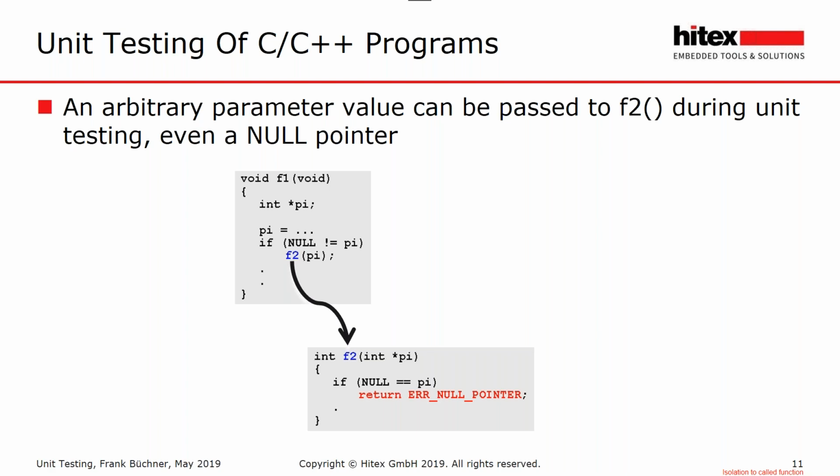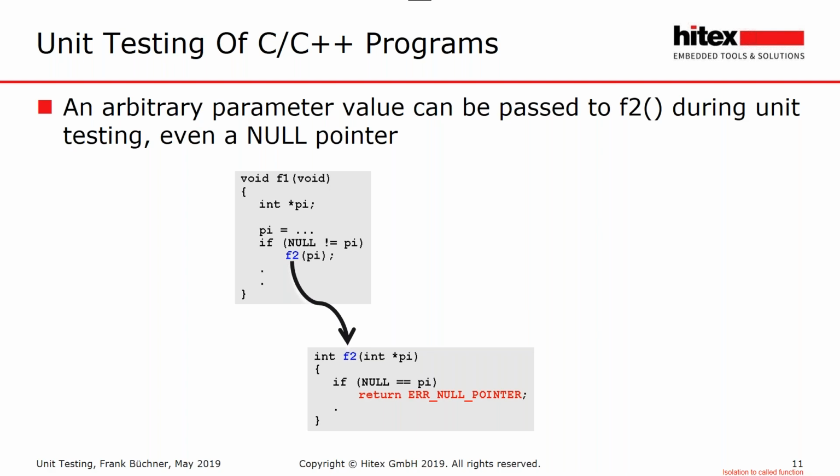If you test these two functions together, for instance, during system testing, this would mean that you never will be able to check if function f2 correctly detects that a null pointer is passed, and you never will be able to find out if the correct error number is returned.